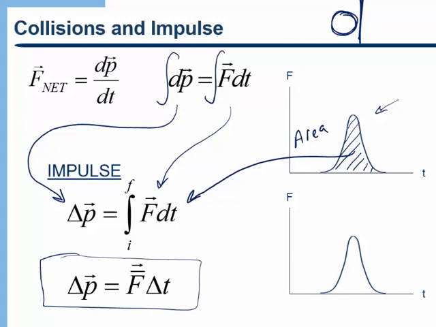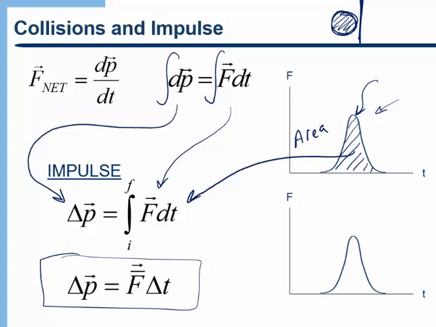It will probably then increase to some maximum amount, and then it will decrease as the ball moves away in the opposite direction. So that's what I'm trying to represent with this graph. That would be looking at what the force is on an object during a collision. So what we've learned is that the change in momentum of our ball as it hits the wall is just equal to the area under the force versus time graph. That's what this equation is telling you.